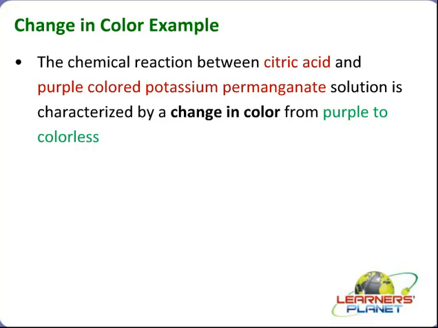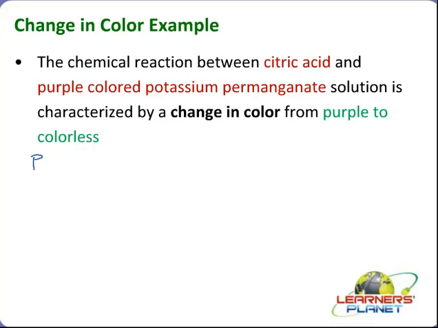Now students, just tell me where you'll find citric acid. Just remember your mom's kitchen. You'll get it somewhere there. It is in the citrus fruits, or it is in lemon. Lemon is the best source of citric acid, right? Now, if I add that citric acid to this potassium permanganate, the color of potassium permanganate changes from purple to colorless.